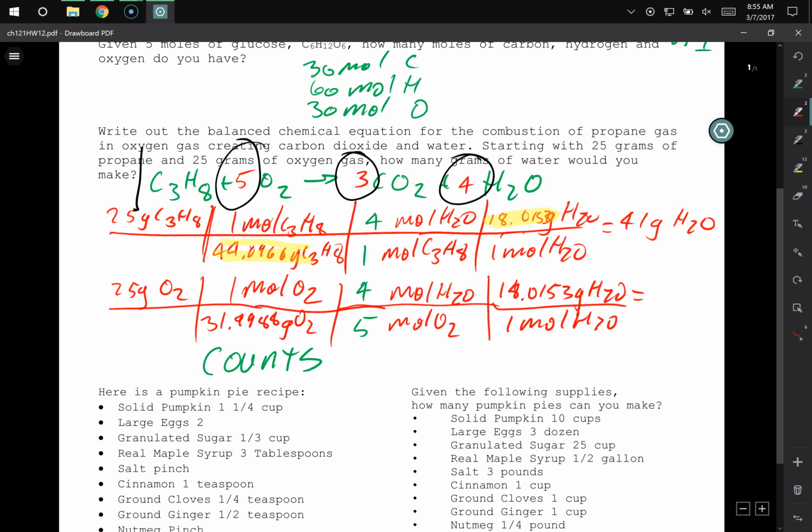So, what do we got here? 25 divided by my 31 number times 4 divided by 5 times my 18 number. I get 11.26 grams of H2O. Okay, so what do I know now?